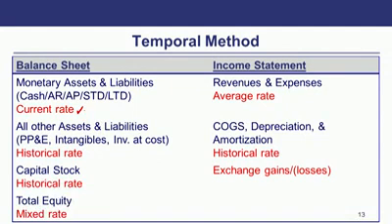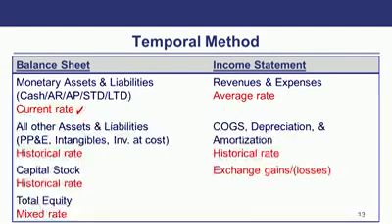Now, our other assets and liabilities, defined as our non-monetary assets and liabilities, remember, we don't want these to be exposed to exchange rate fluctuations. And the reason, remember, we said, is we want to preserve the measurement basis, either historic cost or, of course, the fair values.